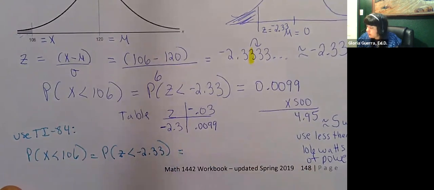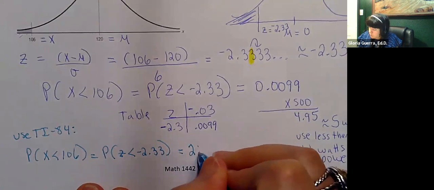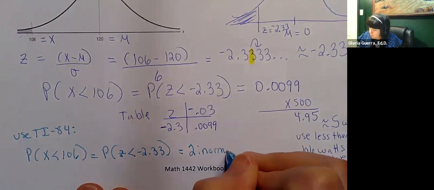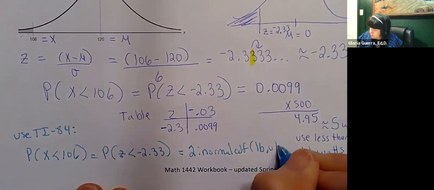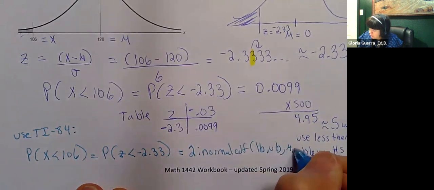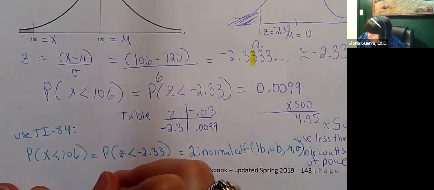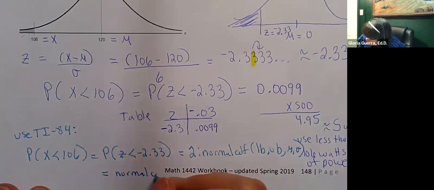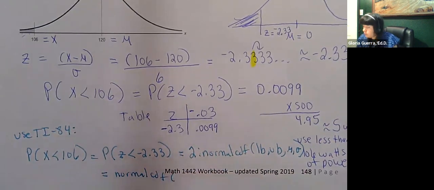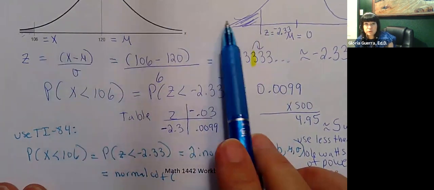But then when I use my calculator, I'm going to use 2nd, normal CDF, lower bound, upper bound, mu, and sigma. And then I'm going to do the substitutions. So let's see, normal CDF. When you read your graph from left to right, and remember we're looking at this new one, not this one anymore.